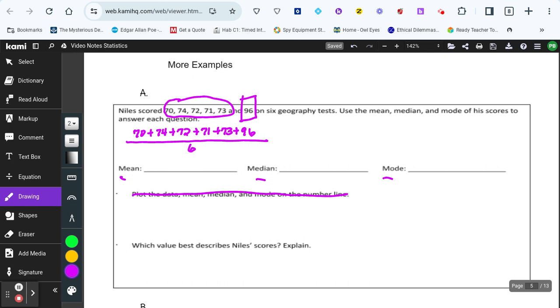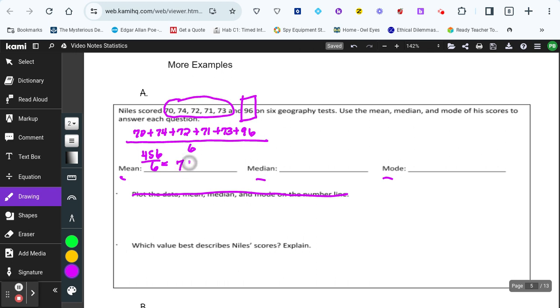So we have 70 plus 74 plus 72 plus 71 plus 73 plus 96. All right, so that's going to give us 456 divided by 6.